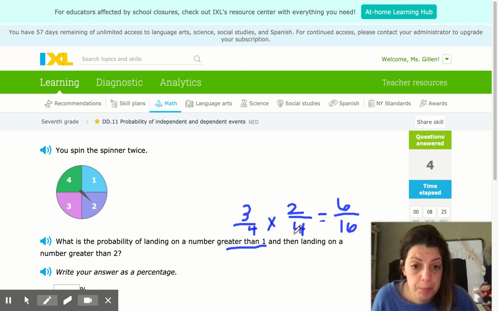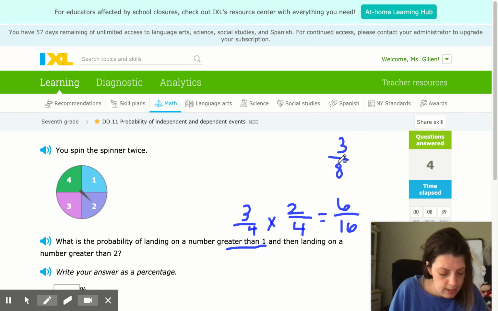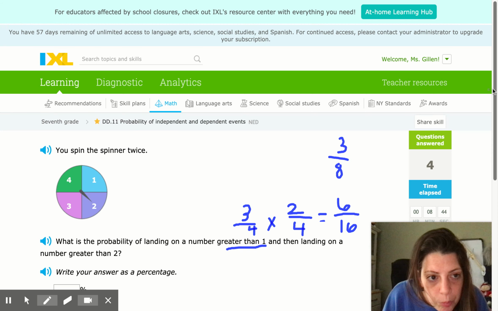You could have simplified during it and gotten 1/2, or you could simplify now. Divide by 2, and you get 3/8. So the answer is 3 out of 8.